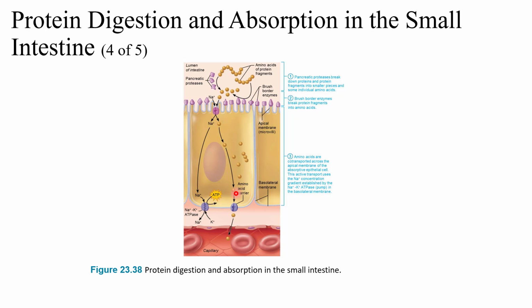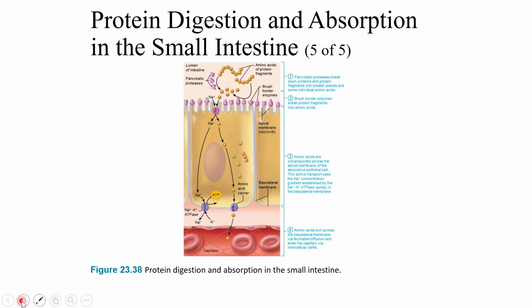This active transport uses the sodium ion concentration gradient that is established by the sodium-potassium ATPase pump right here in the basolateral membrane. That's your ATPase pump. And finally, your amino acids will cross the basolateral membrane and enter the capillary. It's going to be brought into the liver via the hepatic portal vein.